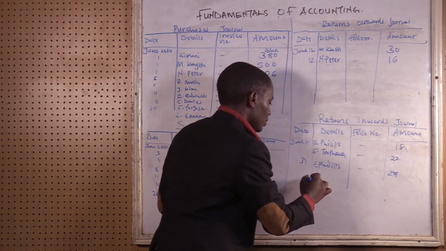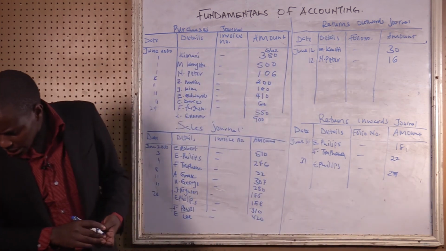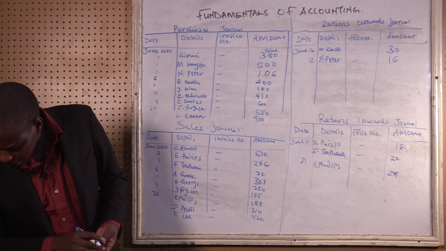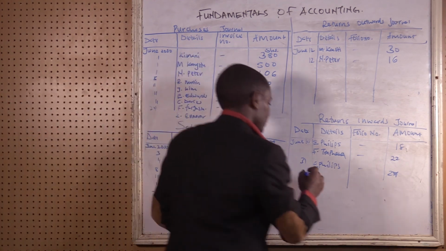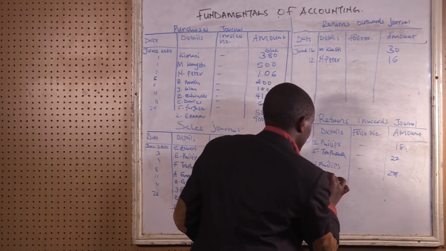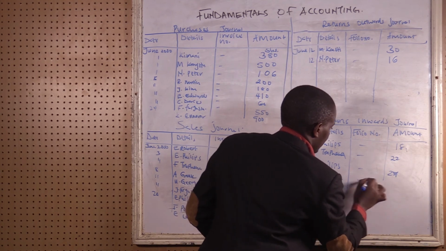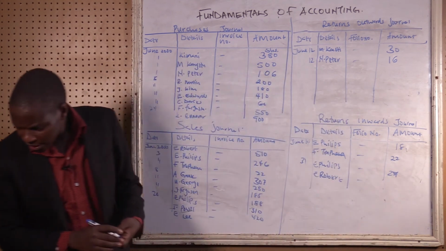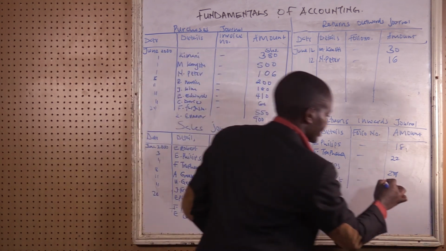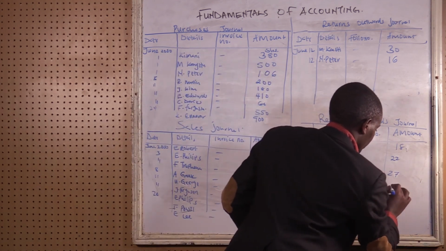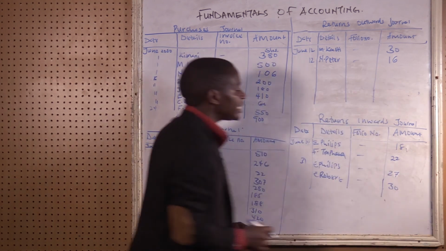And we had also E. Lobert. E. Lobert returned goods worth 30 shillings. So we record it there.